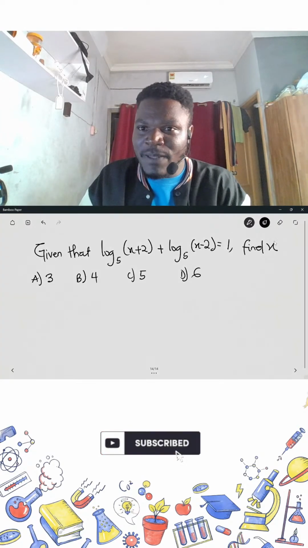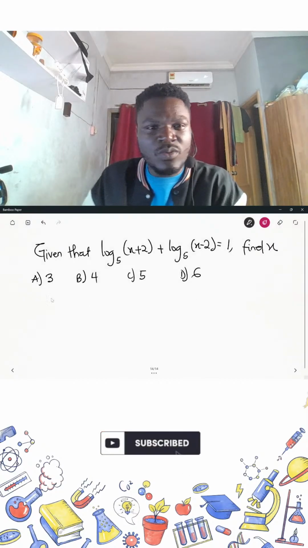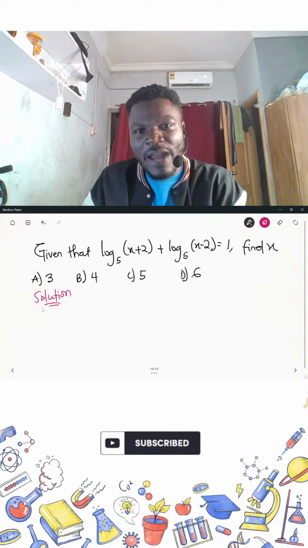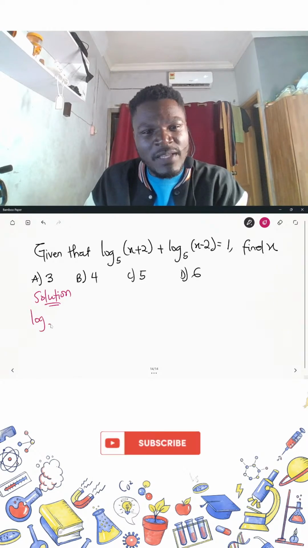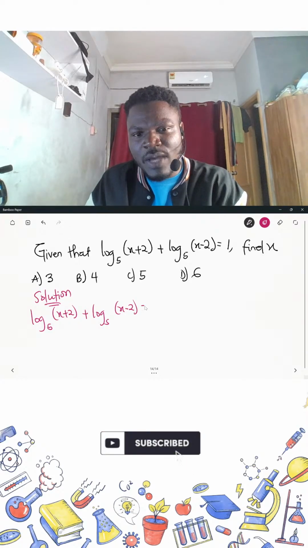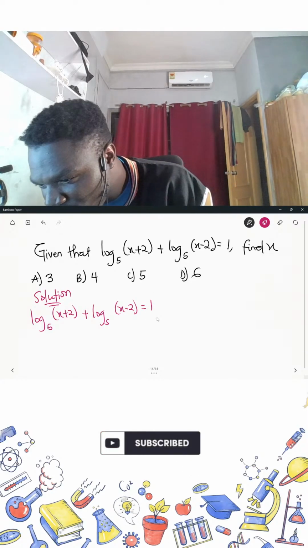So for this particular problem, what we will do here is that we have our solution. So right from the beginning, we have log base 5 of x plus 2 plus log base 5 of x minus 2, and this is equal to 1.